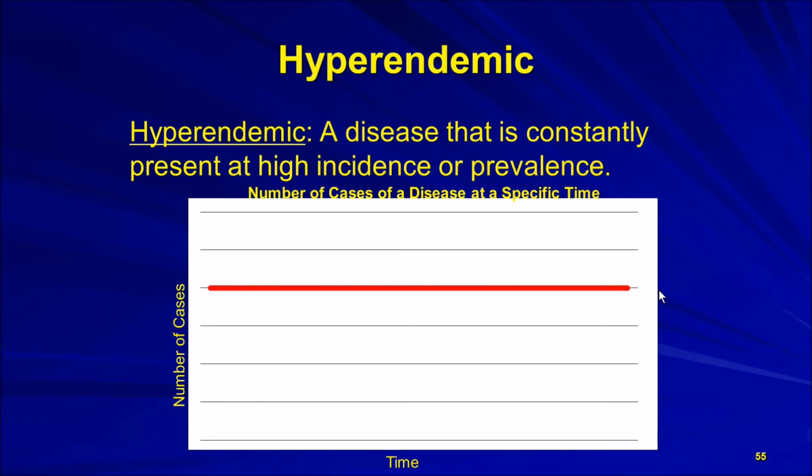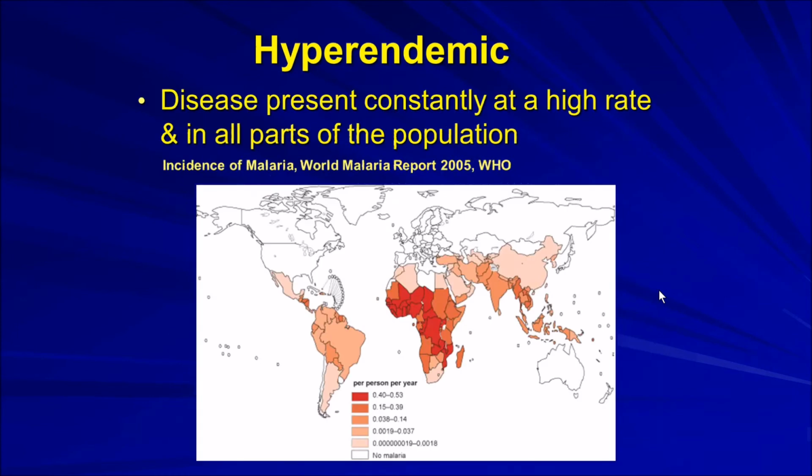Still looking at distribution, right? We haven't changed. Here are diseases that are hyperendemic, occurring in high rates. And here's another one, malaria.